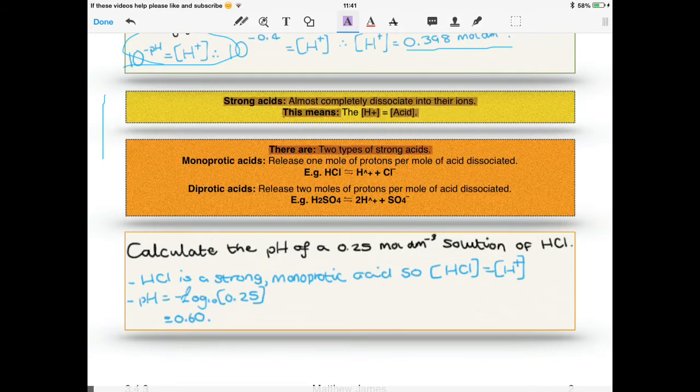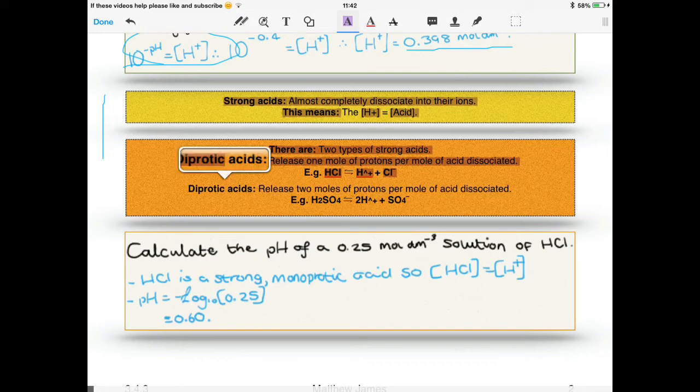These are monoprotic acids, which release 1 mole of protons per mole of acid dissociated, and an example is hydrochloric acid, which breaks up into 1 mole of protons, 1 mole of hydrogen ions, and 1 mole of chloride. Because of the 1-to-1 ratio, the concentrations of these will be the same.